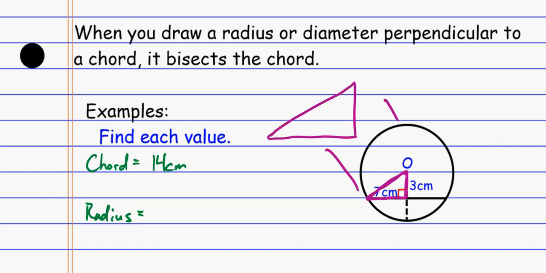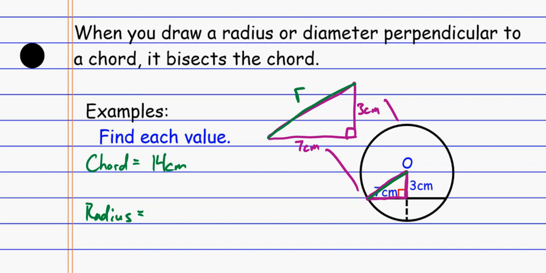I always like to draw things off to the side, make them a little bigger. When I zoom in on that triangle, we've got 7 centimeters down here, 3 centimeters over here, and a right angle here. And this guy over here, let me highlight it in green. That was this guy right here. That's the radius, okay? So I can find the radius simply by using the Pythagorean theorem. For this one, the radius is the hypotenuse.